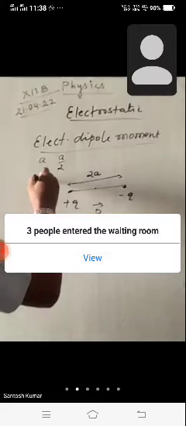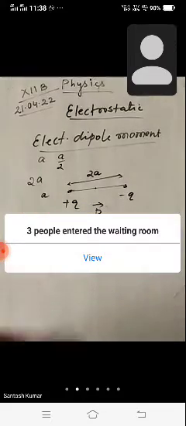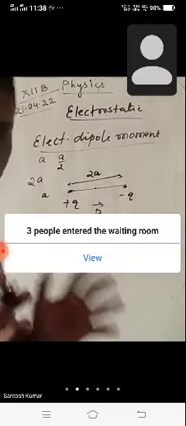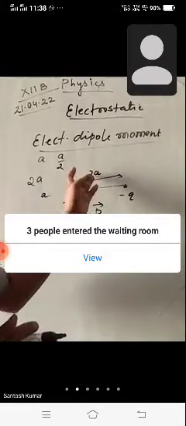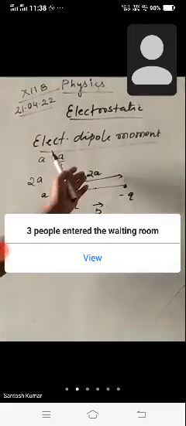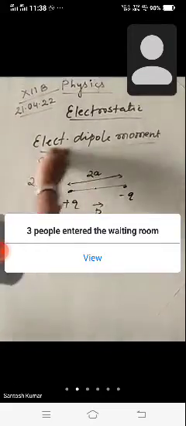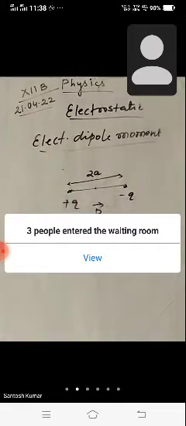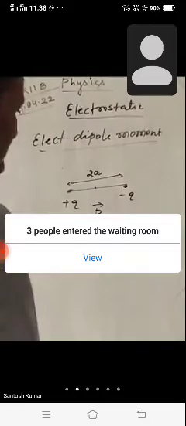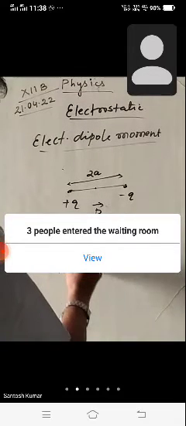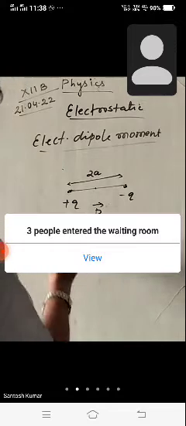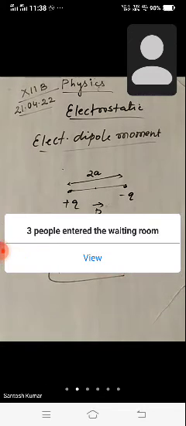But if you take 2a, it will simply be a. That's why, for convenience and to make calculations easier, we have taken this distance as 2a. So P is equal to 2Qa. This is the dipole moment, or electric dipole moment.